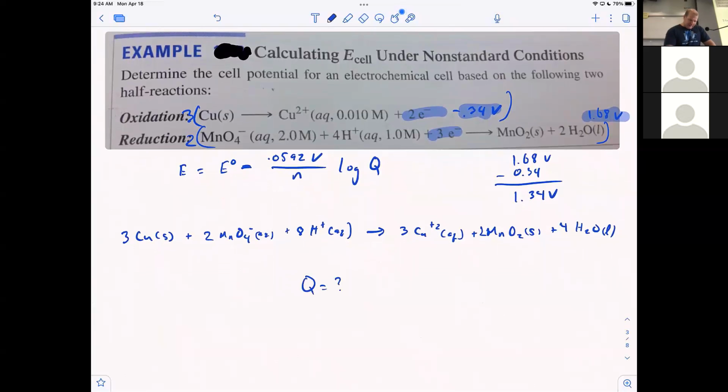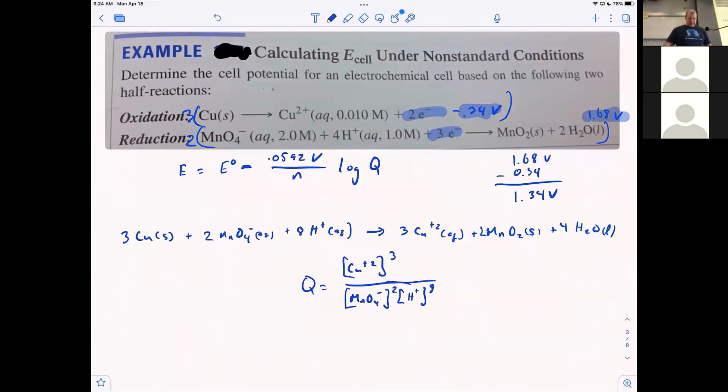Q is going to be products over reactants. So it's going to be copper 2 plus cubed. Manganese oxide and water are a solid and a liquid, and you do not include those in the equilibrium expression. Then MnO4 minus concentration squared times acid to the 8th.